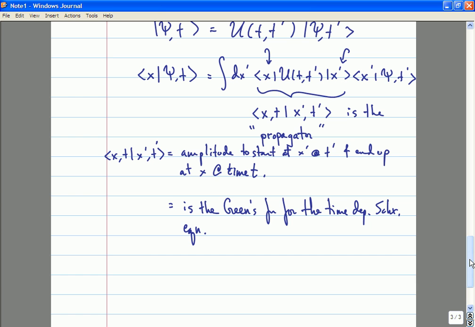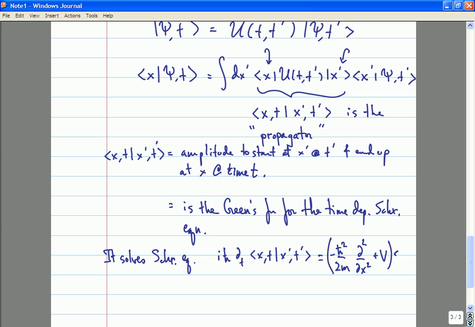And so it solves Schrodinger's equation: i h bar d by dt of this propagator is equal to minus h bar squared over 2m times the second derivative plus V acting on this propagator. Sorry, I'm a little squashed in there. Hopefully you can read that.